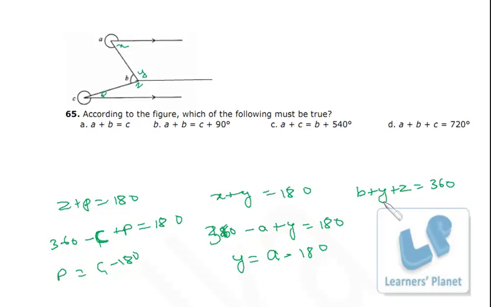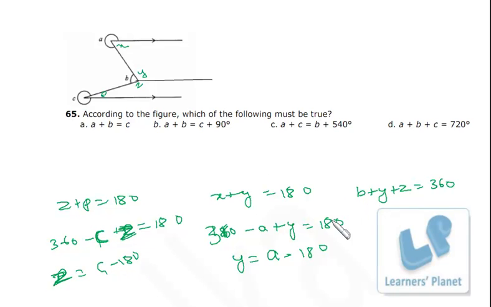I made a mistake. P is actually 360 minus C, so it must be Z over here. So Z plus P is 180. Instead of P I am writing 360 minus C, so Z is equal to C minus 180.